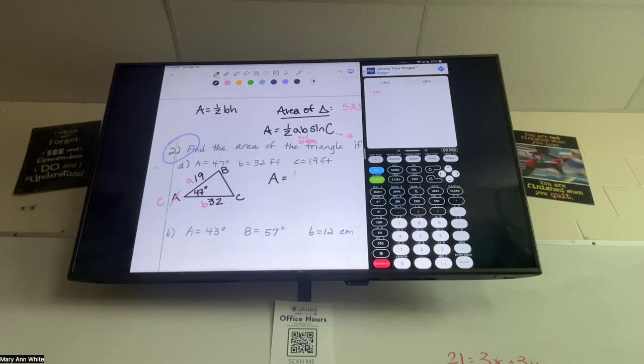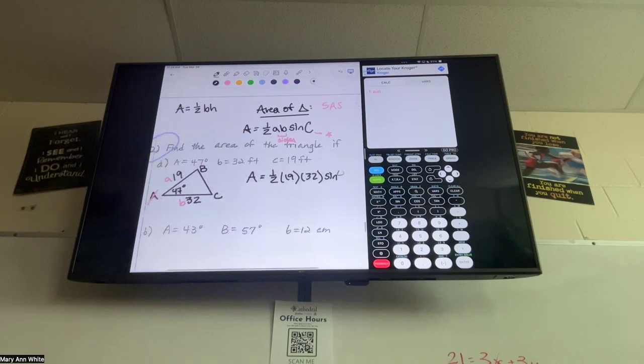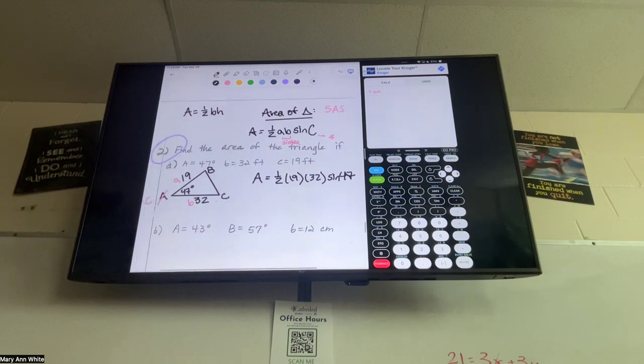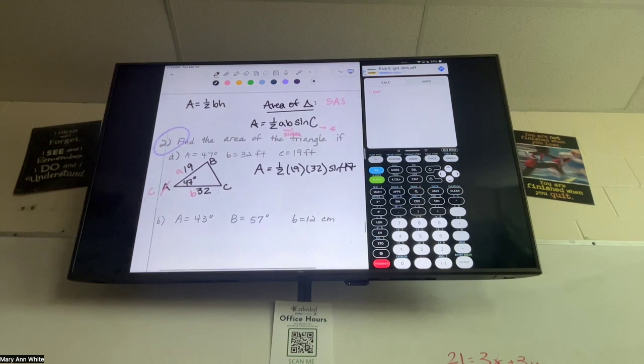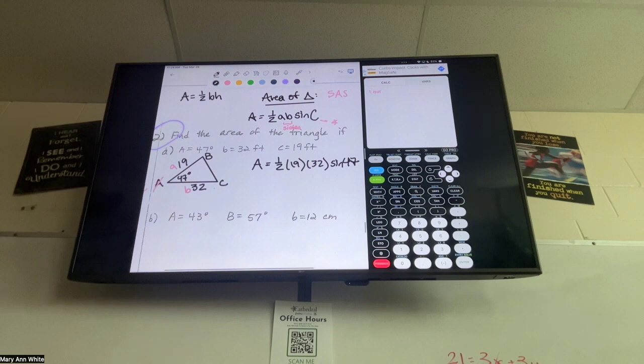We're gonna say area equals 1/2 times 19 times 32 times sine of 47. And then you can just plug that right into your calculator. So 1/2 times 19 times 32 times sine of 47 is 222.3.